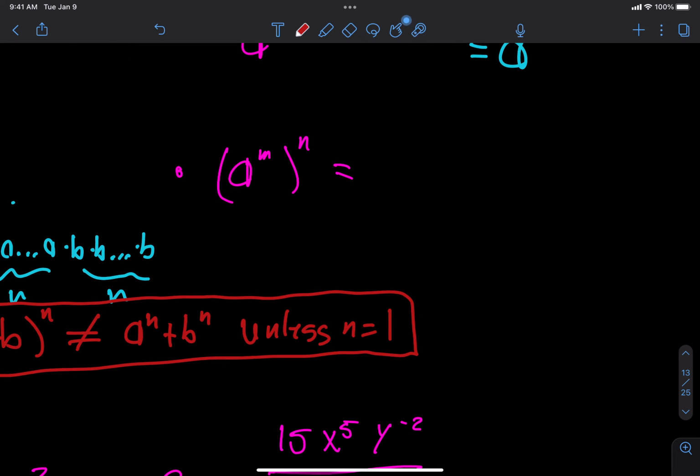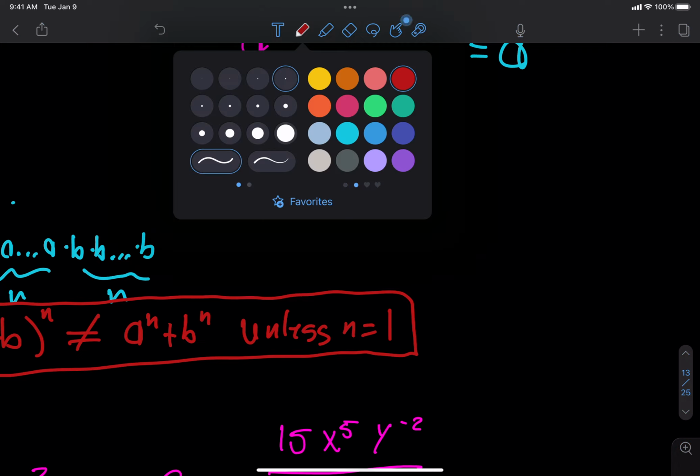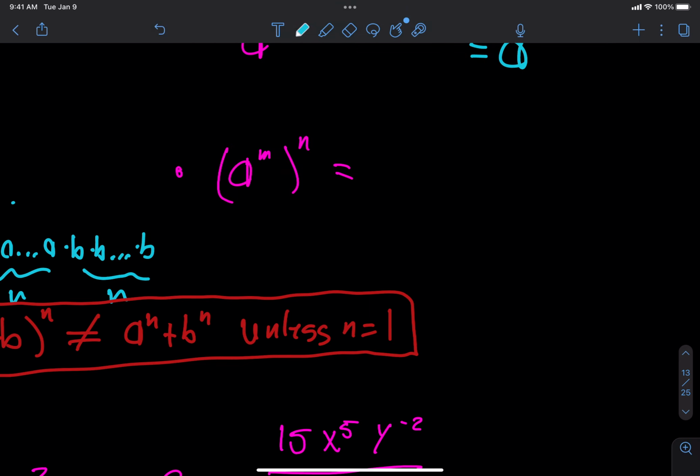Okay, how about if I do a to the m to the n? Can someone walk me through that one? You multiply the exponents. Yeah, I'm going to multiply the exponents. The reason is this is a to the m times a to the m times dot dot dot times a to the m, where we do this n times, right?